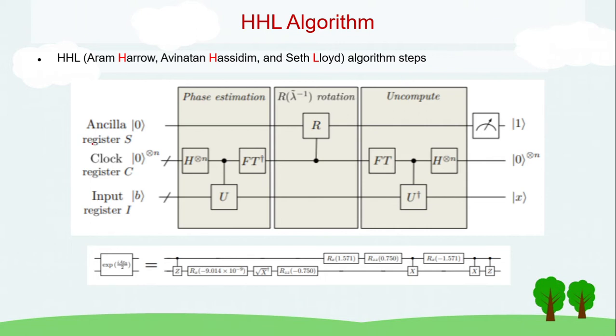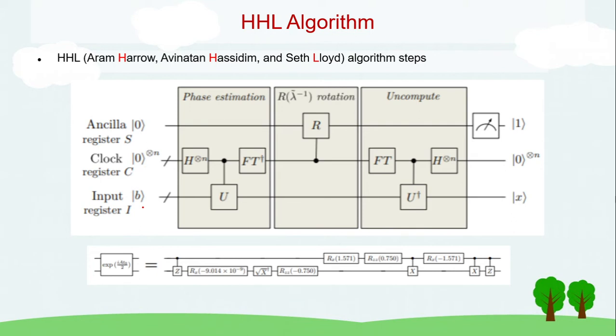So how that is done is, let's start with the input B register. We know how the B set of values has to be represented in qubits. Then we will use a set of clock registers. All the qubits in this register will be set at zero state, and the number of qubits we use will be based on the accuracy we are interested in for the result.